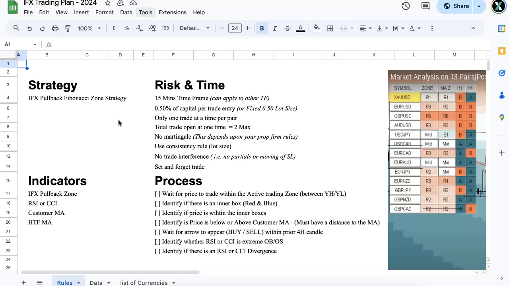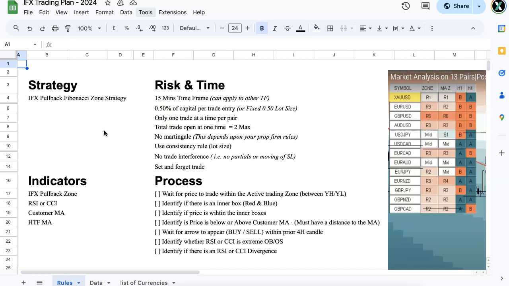You have to do either 0.1 or 0.02. So it's very important that you understand the lot size, because that determines how far you can go without losing the account, okay?